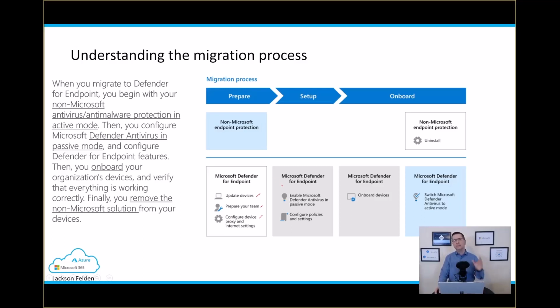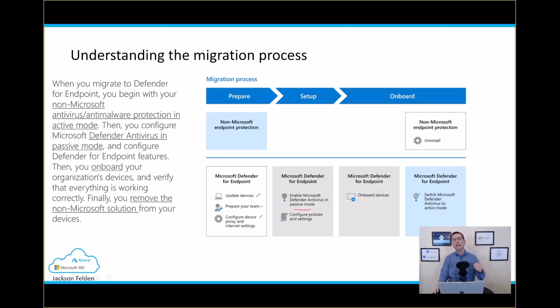Now talking specifically about AV, step number one is to enable Defender antivirus as passive. On the next slide, I will give a better understanding about active and passive. This is to avoid having two AVs, the third-party AV and Microsoft Defender for Endpoint AV, trying to fight each other if both are active.